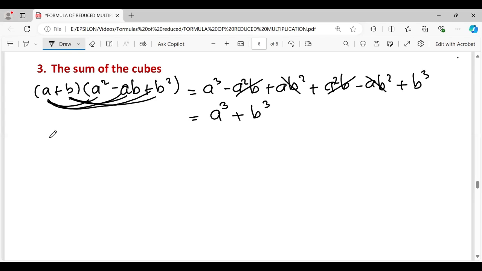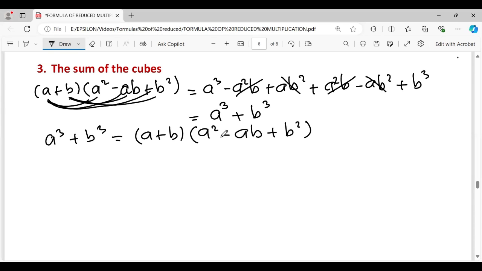We can state that a cube plus b cube equals (a plus b) multiply (a squared minus ab plus b squared). Pay attention that there is no 2 here, only minus ab.